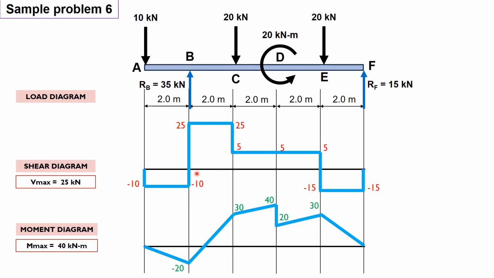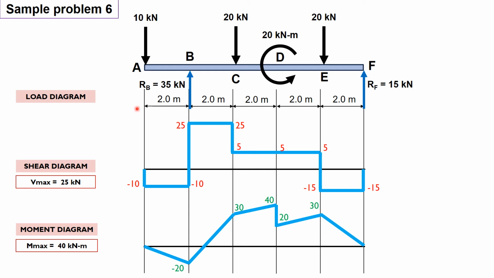So, kanina, naka-identify tayo ng dalawang points of zero shear dito sa B at sa E. Although dun sa previous problems natin, yung mga maximum moment ay tumatapat doon sa points of zero shear. Dito hindi. Nagkataon kasi dito na yung maximum moment ay natapat dito.